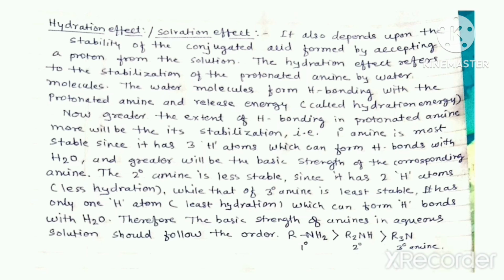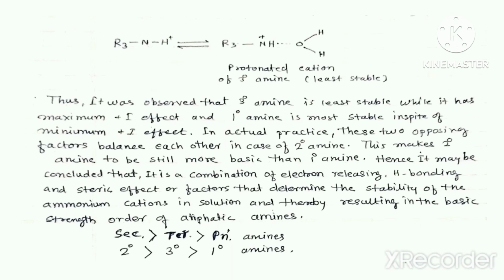Therefore, the basic strength of amines in aqueous solution should be as follows: primary amine is greater than secondary, than tertiary. Thus, it was observed that tertiary amine is least stable.